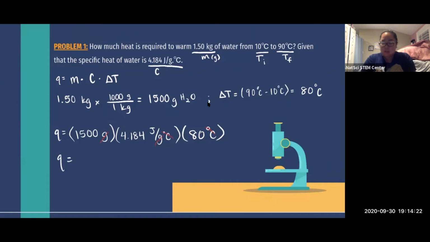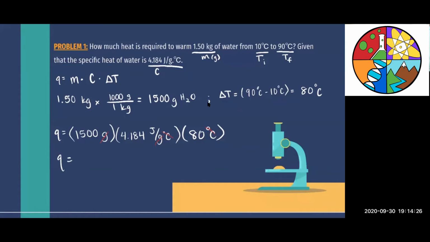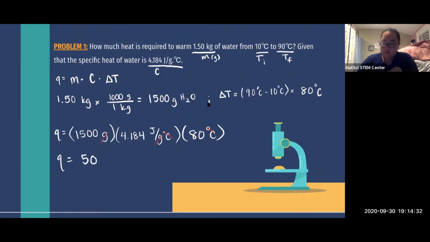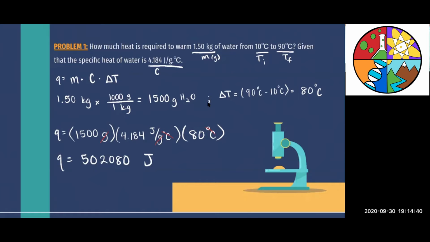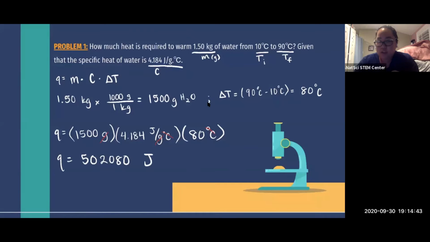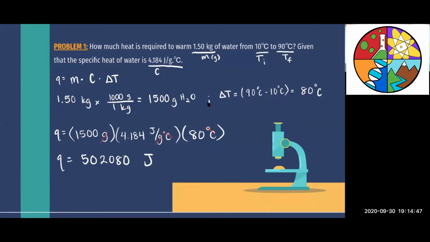So let's plug this into the calculator. 502,080 joules. That's a big number. We only want to have 3 significant figures.